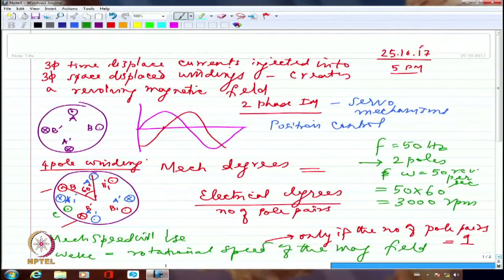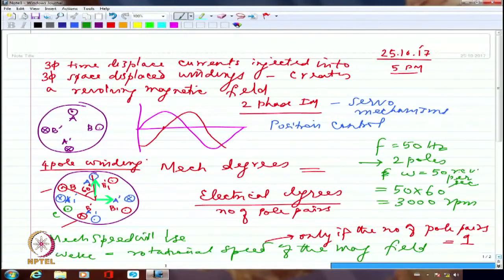See, if I am saying that from here to here, actually one complete oscillation takes place in the electrical cycle. From this point to this point, it is actually taking place in one complete, rather half the electrical oscillation, because this is A and this is A dash.